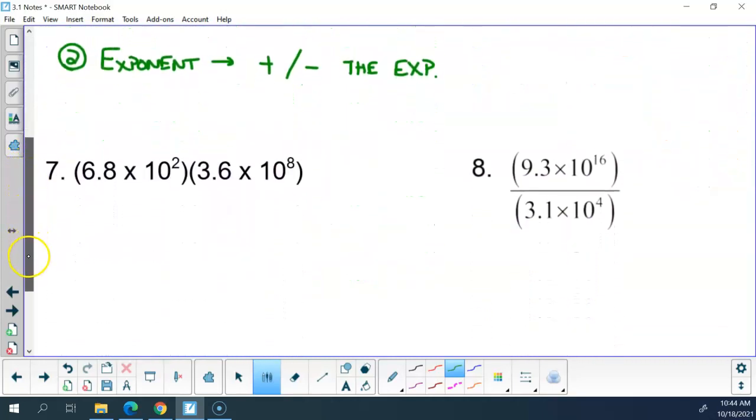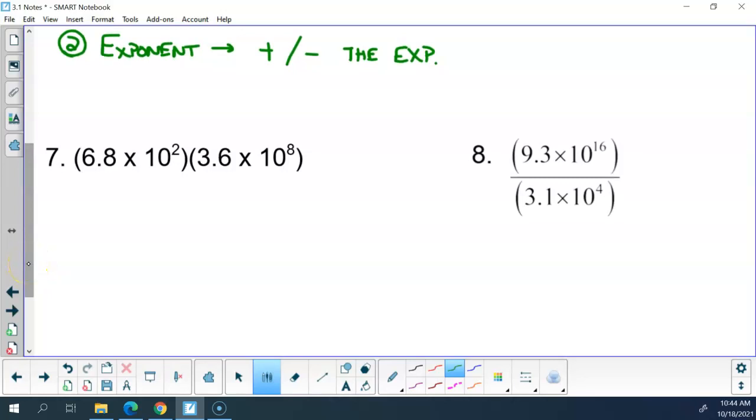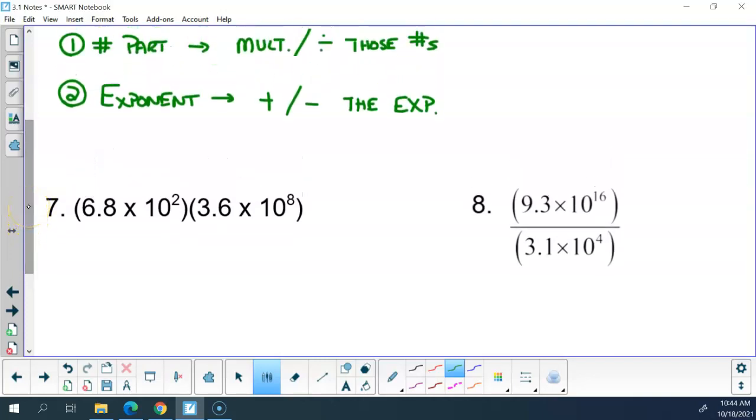Let's try 2 of them. So the first thing that I'm going to do, let me scroll back down just a little bit, is I'm going to take the two number parts and do whatever it is that we're doing with them. In this particular case, we are multiplying those two together. So somebody with a calculator, please, tell me what 6.8 times 3.6 is. 24.48.